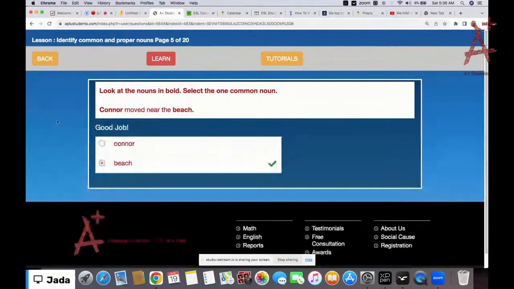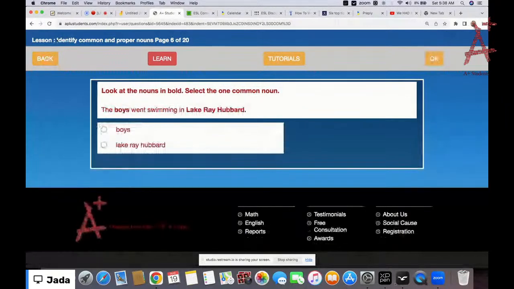All right. Okay, so everybody, that's how you identify common noun and proper noun. Note that the common noun always starts with a small letter, and the proper noun starts with a capital letter, the big letter.